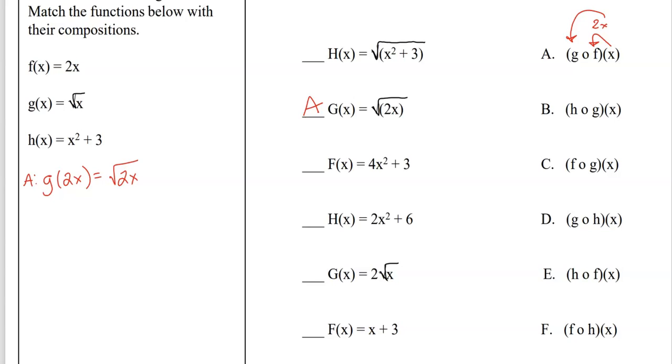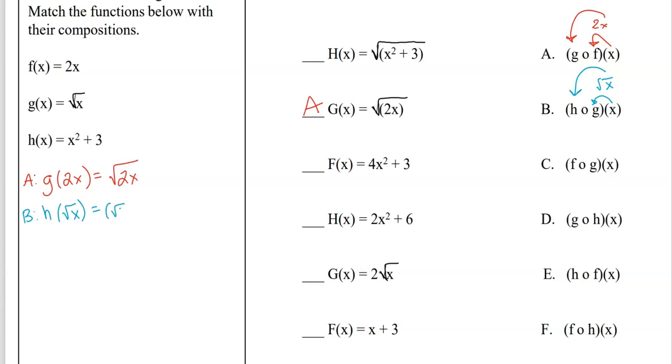All right. H, are we cool if I just move down? We're good? All right, h of g of x. So plug x into g. Well, that means I just have the function square root of x, right? We're taking that now and plugging it into h. I'm going to do it over here for all your room. So we have h of the square root of x. H was x squared plus 3.